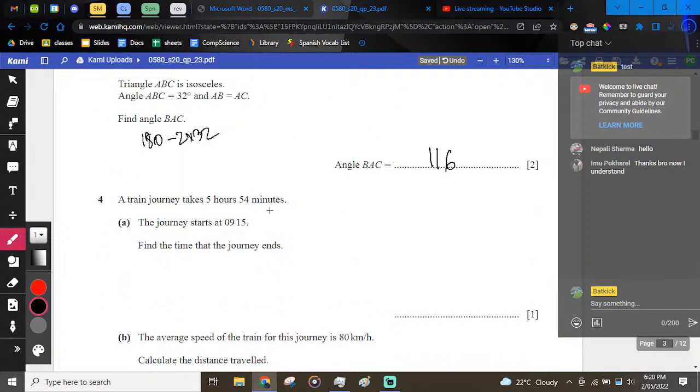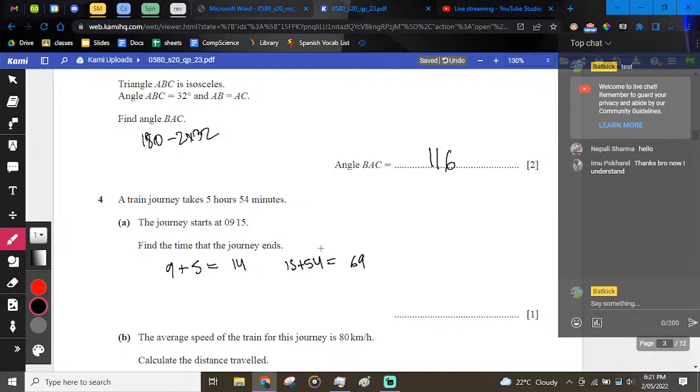Train journey takes 5 hours and 54 minutes. Find out the time the journey ends. I'd like to add the hours first. 9 plus 5. No, it's going down. Screen froze. Plus 5 is 14, and 15 plus 54 is 69, haha.